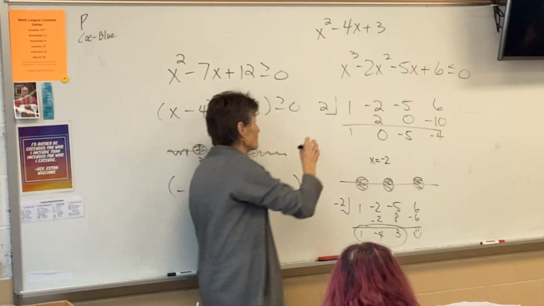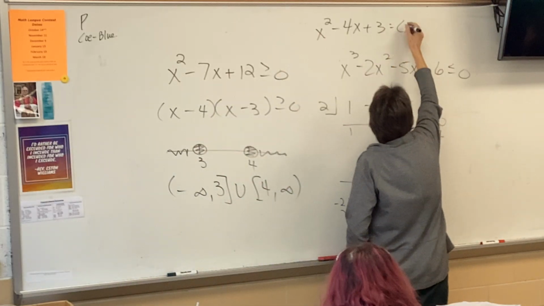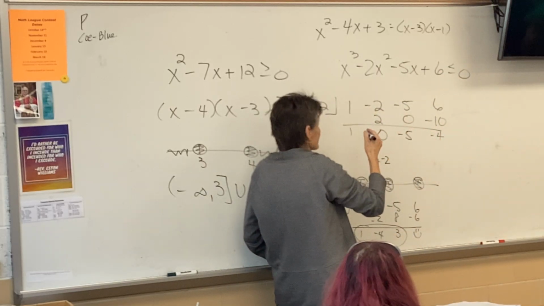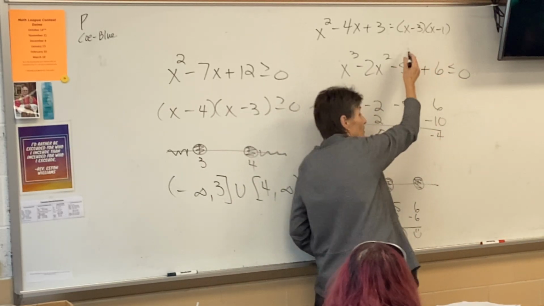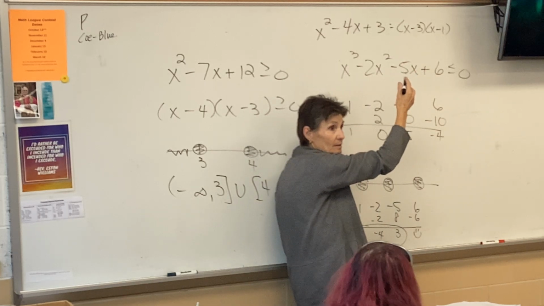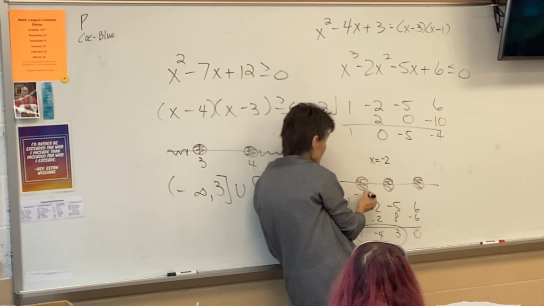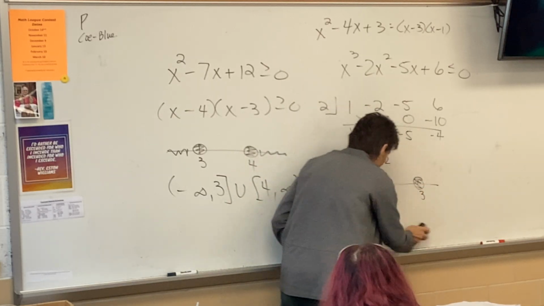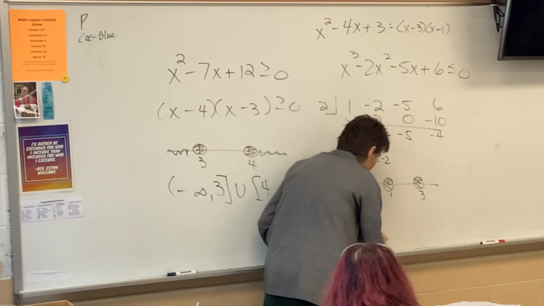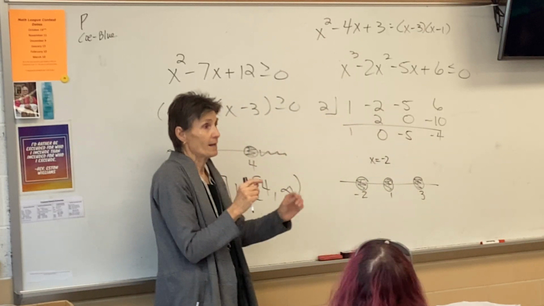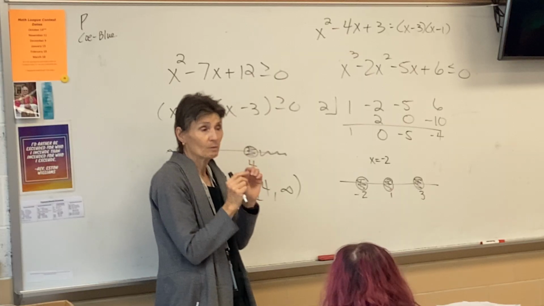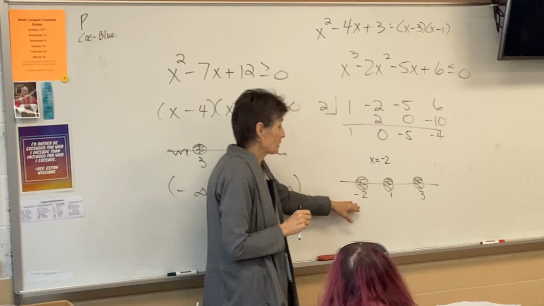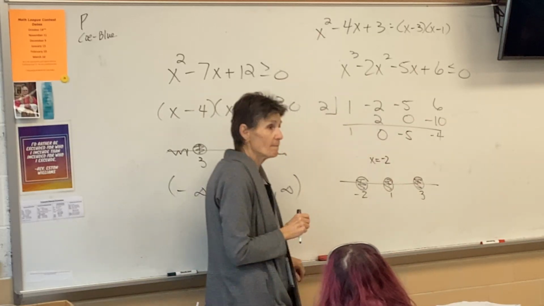And how does that factor? -3, -1, which means the dots are gonna be at 1 and 3 and -2. So remember, the first dot is gonna happen where that number that you divided and got 0. For us, that was -2. Then we got a 1 and a 3, so there they are.